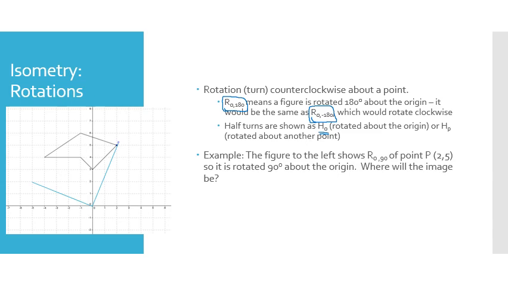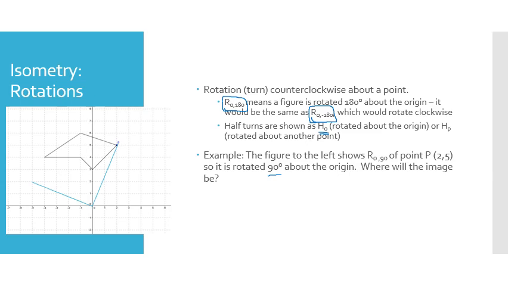In this example, the figure shows a rotation about the origin of 90 degrees of the point P, which is currently at (2, 5). So it's rotated 90 degrees about the origin in the counterclockwise direction. Where will the image be?